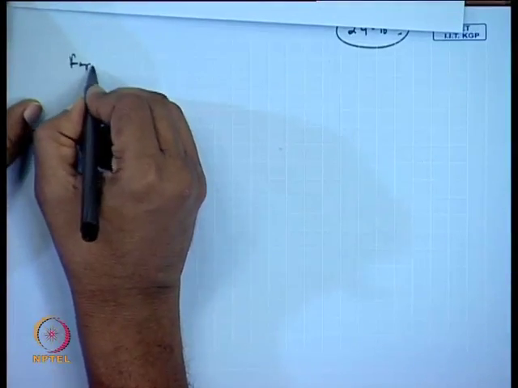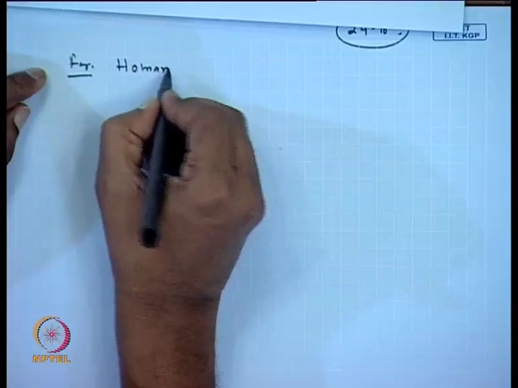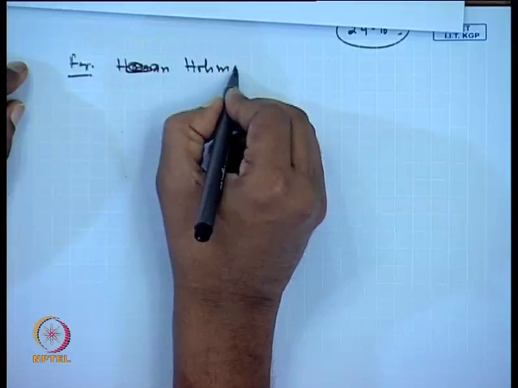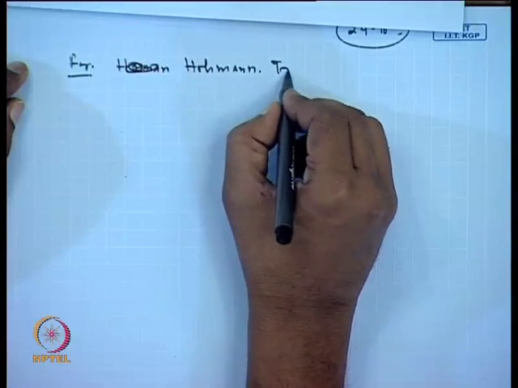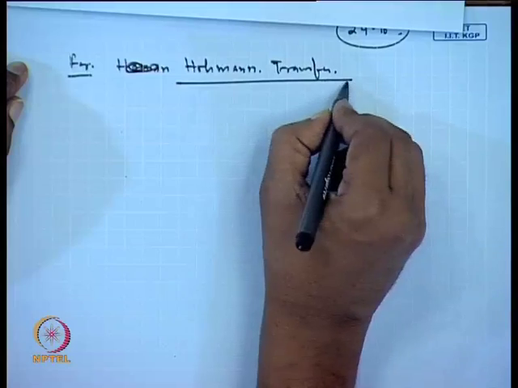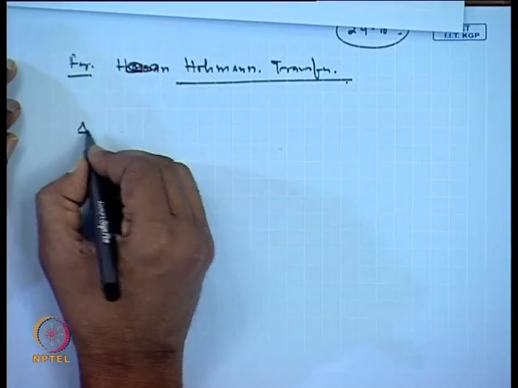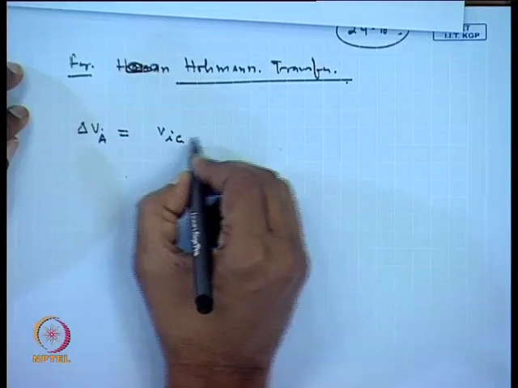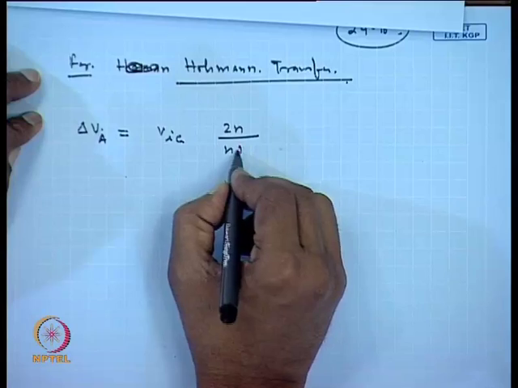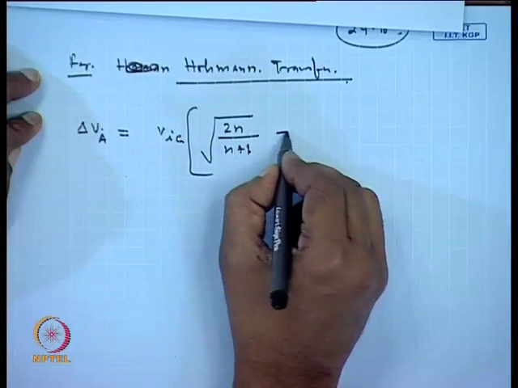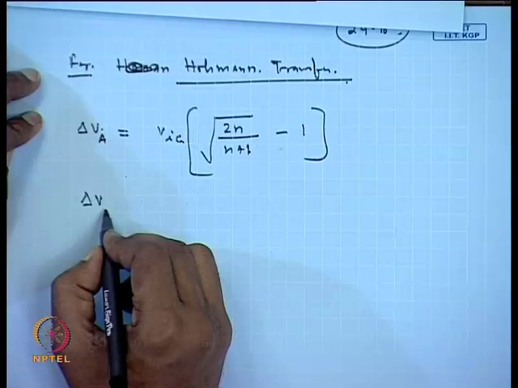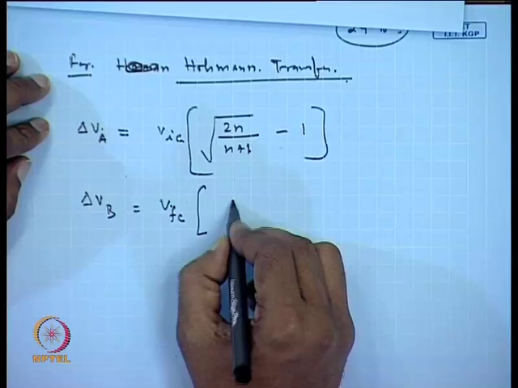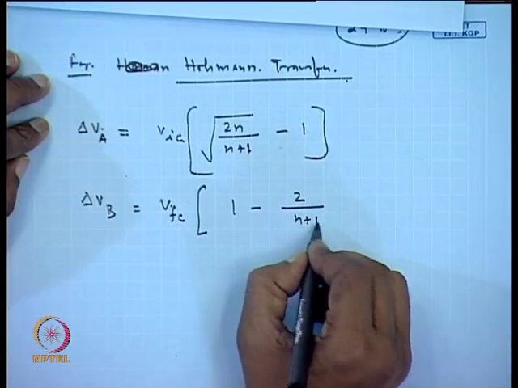So, for Hohmann transfer, we can write delta V_A equal to V_ic times square root of 2n by n plus 1, minus 1, and delta V_B equal to V_fc times square root of 1 minus 2 by n plus 1.